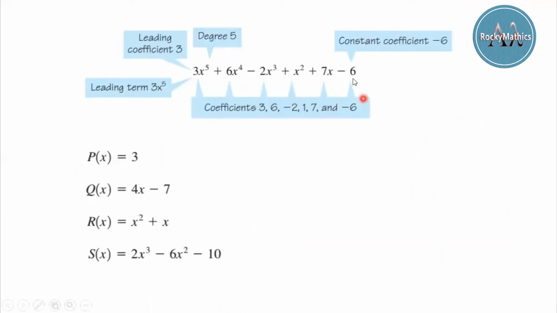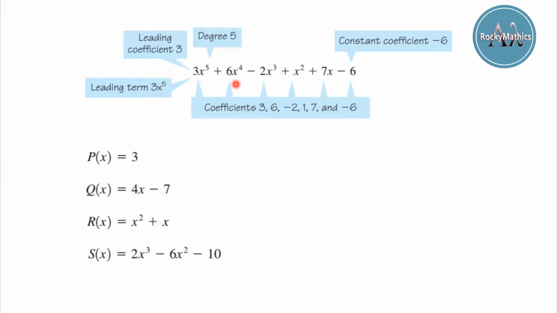Okay, so for example, we have here 3x raised to 5 plus 6x raised to 4 minus 2x cubed plus x squared plus 7x minus 6. This is an example of a polynomial, okay, since it is of the form f of x is equal to a sub n x raised to n plus up to a sub 0.